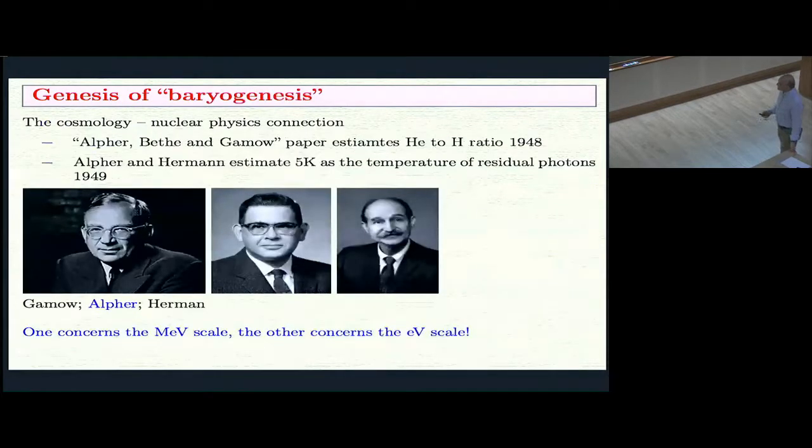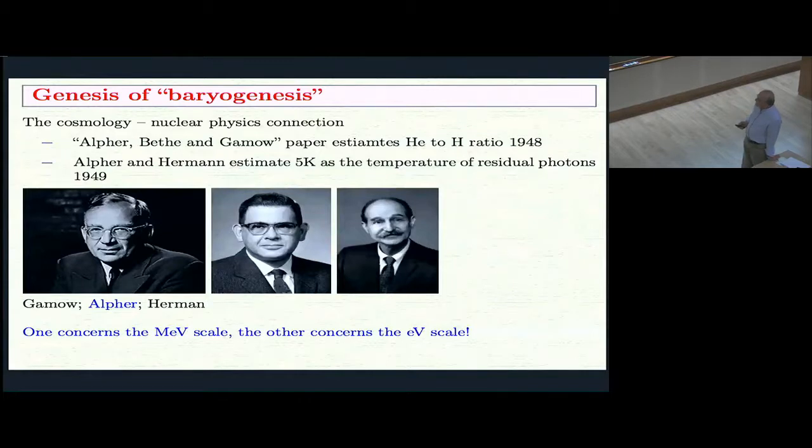So the whole idea that baryogenesis exists and needs to be considered originates with the originators of Big Bang, and their photographs are almost never shown, and this history is rarely covered, so I thought that I should cover that.